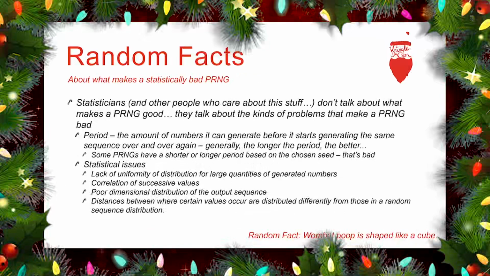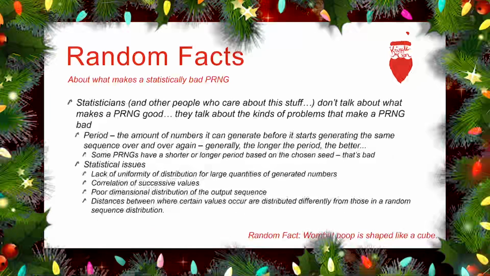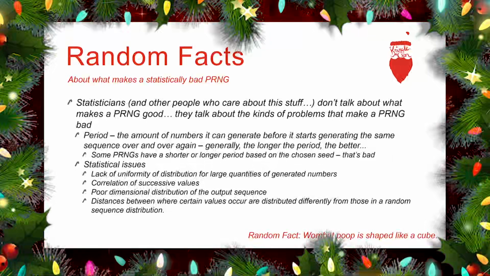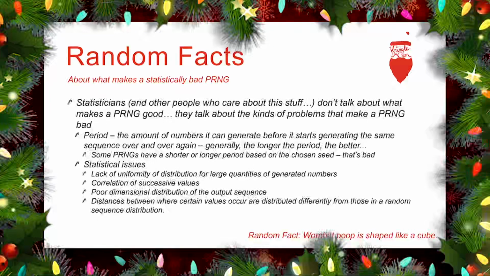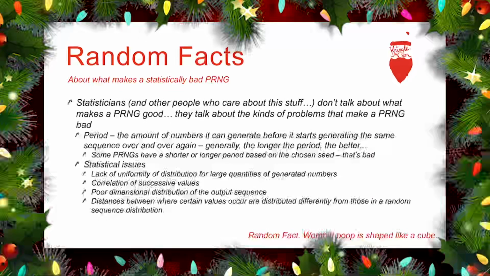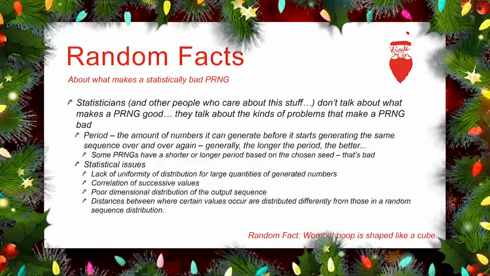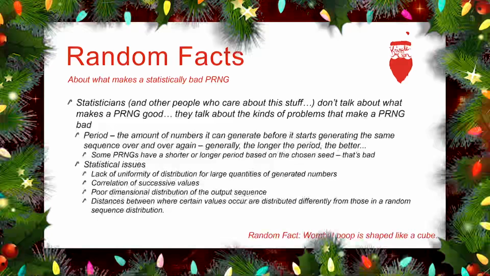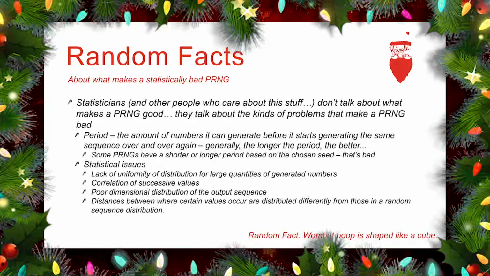Most of the time, statisticians and people who care about this kind of stuff will not talk about what makes a pseudo-random number generator good. They'll talk about the kinds of problems that make one bad. One of the biggest is something called the period of the pseudo-random number generator. That's the amount of numbers that the algorithm can generate before it begins generating the same sequence over and over again.